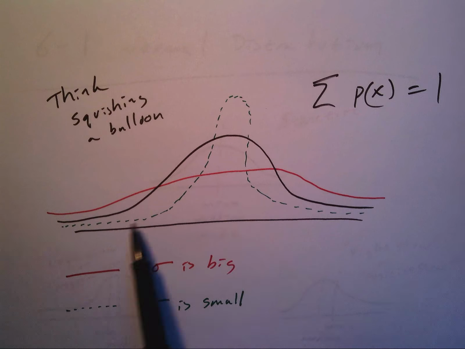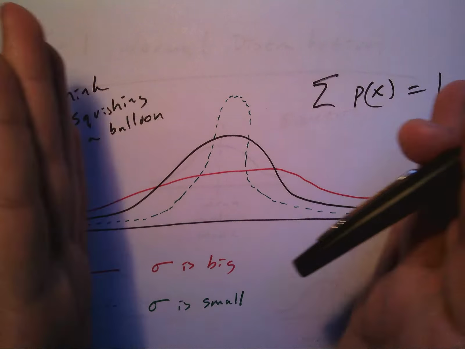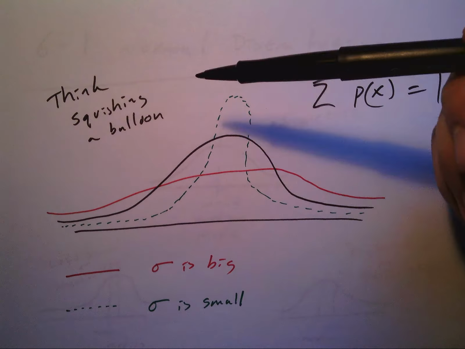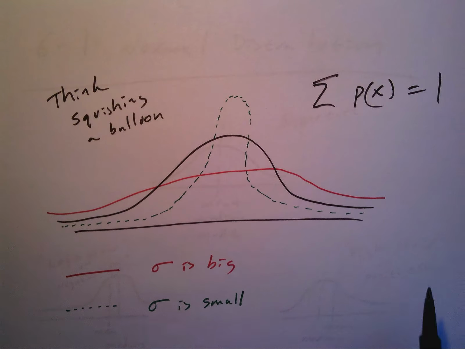It's squishing the data. It still has to add up to 1, so I can't just make it tinier. It's going to get tiny one direction, but then expand in the other. Similarly, if I just squished it down, I have this red line where I have a big fat graph. And that's when my sigma is really, really big. Alright, so this is just getting a visual representation of what's going on.